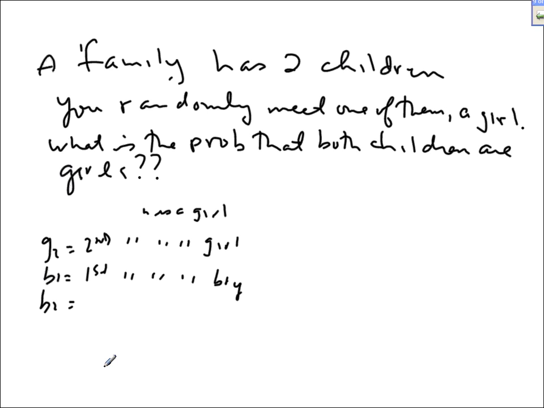And B2, of course, will be the second child born is a boy. And G equals the girl you met.